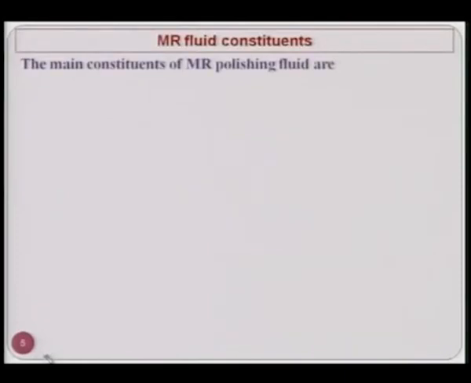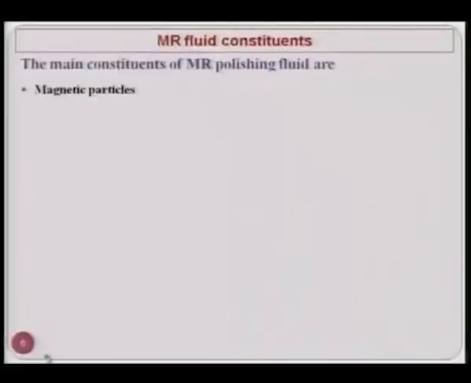What are the various constituents of MR fluid, magnetorheological fluid? The main constituents of MR polishing fluid are as follows: magnetic particles, then abrasive particles, and carrier fluid. The magnetic particles are used for forming the chain structure which makes it semi solid when a magnetic field is applied.